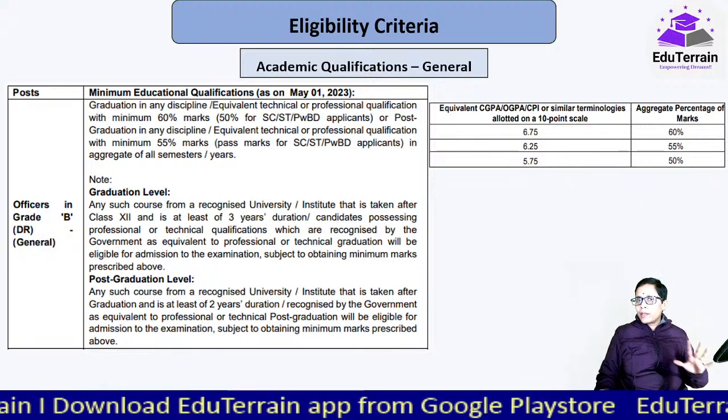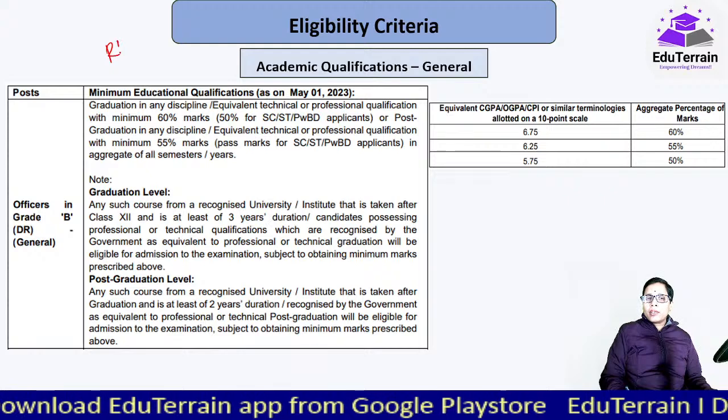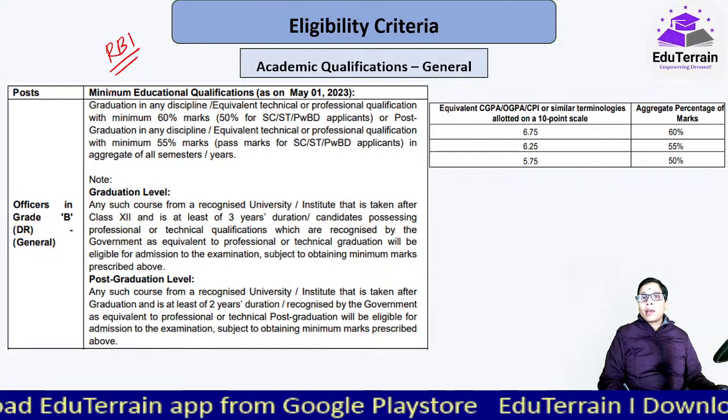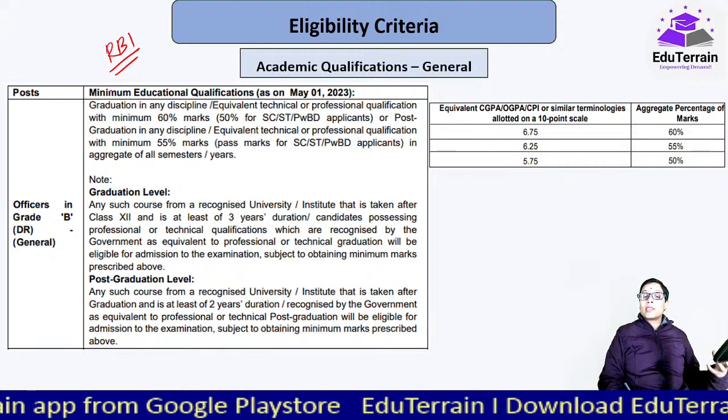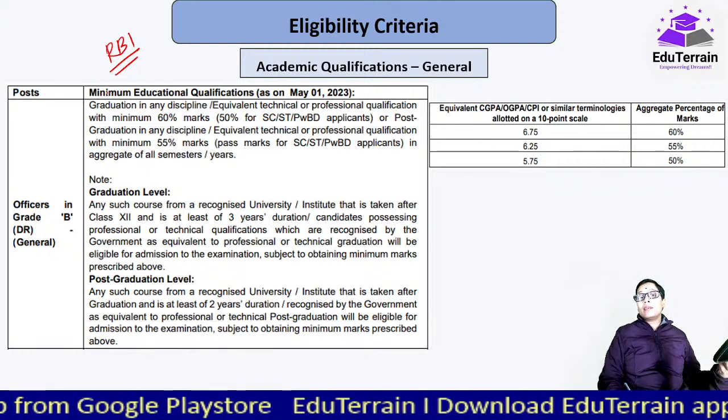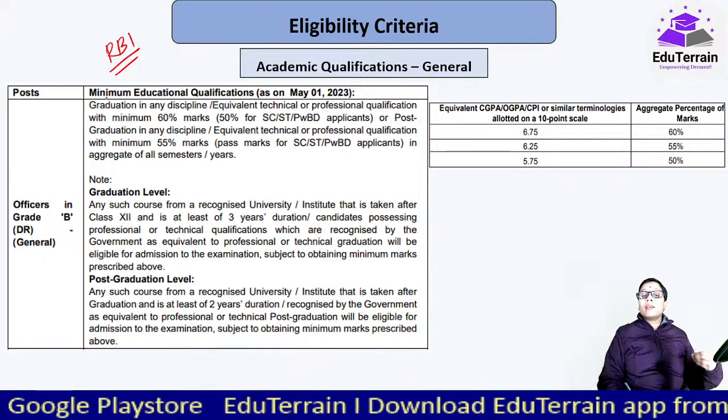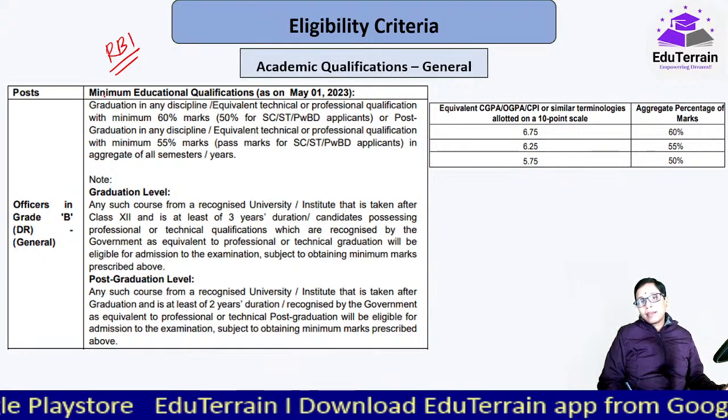So the first thing that comes to our mind, that RBI, being the bank of banks, the central bank, maybe they recruit only those candidates who have a degree or PG or something related to finance. Nothing like that.